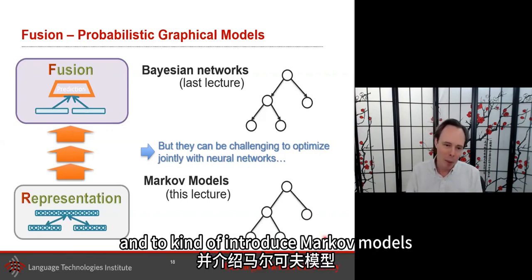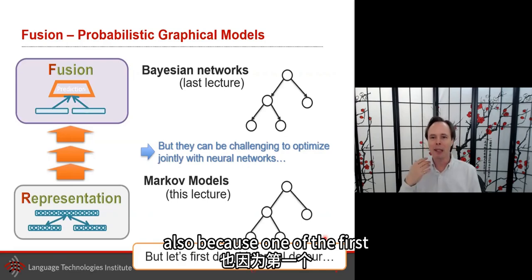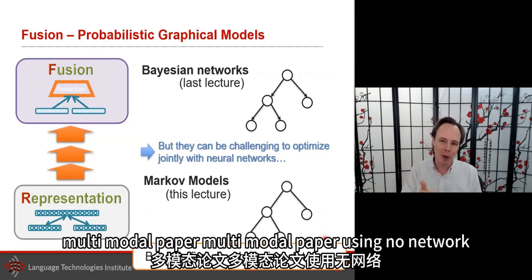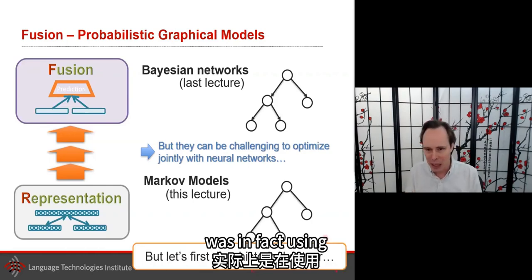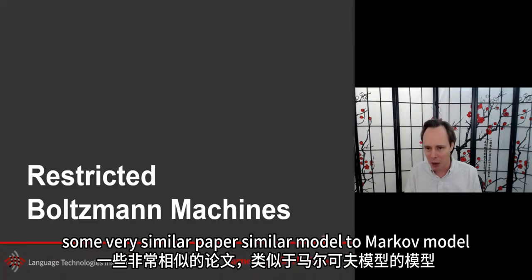To introduce Markov models, I will do a small historical detour, also because one of the first multimodal papers using neural networks was in fact using a model very similar to a Markov model: a restricted Boltzmann machine.